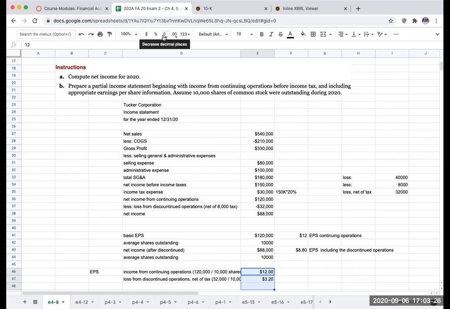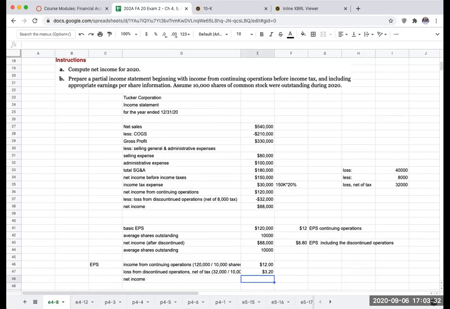And so then we have over here our net income, which would essentially be the 88,000 divided by 10,000 shares. Okay, so that's how we're going through and coming up with this, and how we would need to be showing our earnings per share.